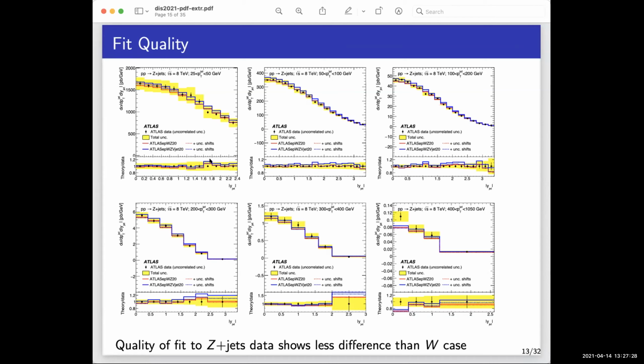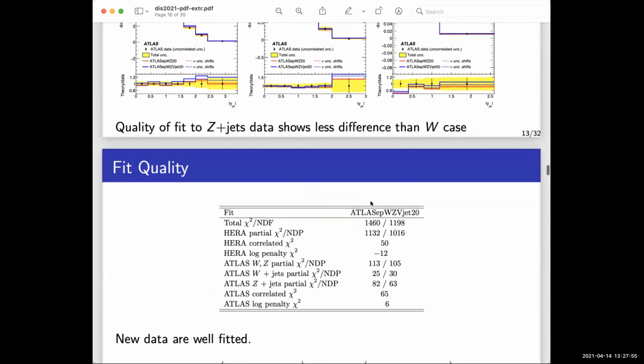The central values tend to be higher for the fit, but then the nuisance parameter fits shift slightly higher and bring them to more or less the same level of agreement with the data. Maybe in these higher bins, you see where the blue can do better sometimes or worse, depending on the bin. So there's some small difference, but over most of the Z plus jets range, there's not a big difference in the predictions from the fits.